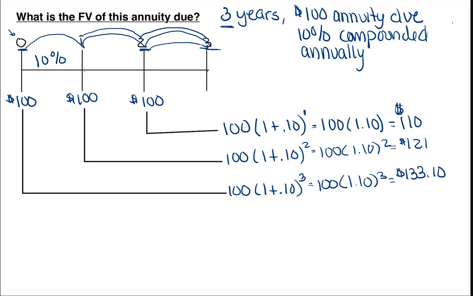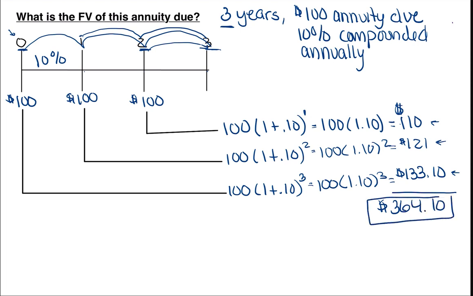Now to find out what my total future value is, I need to add up all of these values from each compounding period. So I'm going to take 110 plus 121 plus 133.10, and I get 364.10.